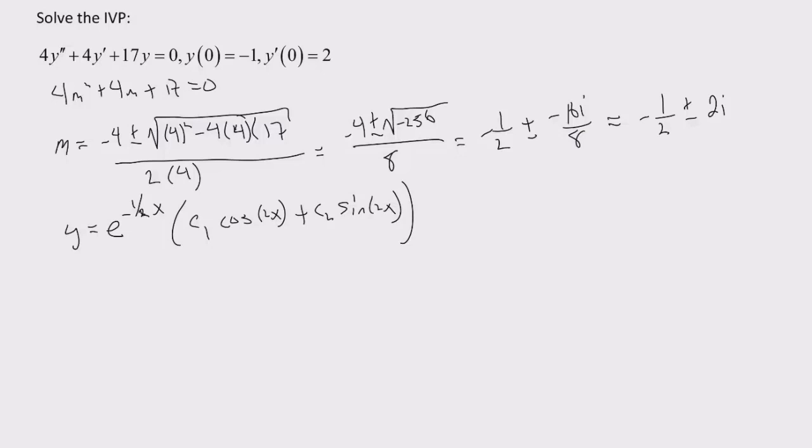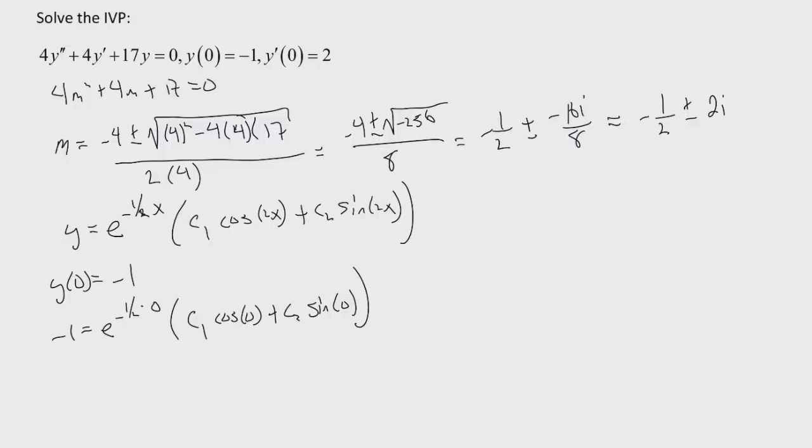Alright, so from here we can apply our specific conditions. So y of 0 equals -1. So that would be -1 equals e to the -1/2 times 0, C1 cosine of 0 plus C2 sine of 0.